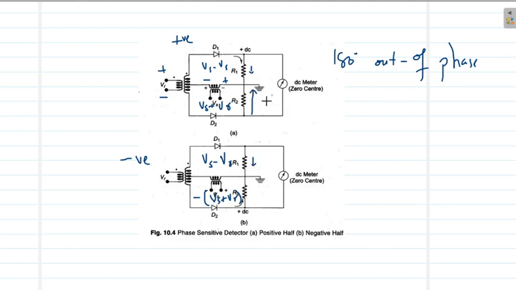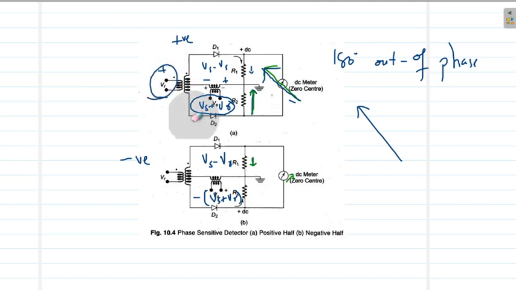So the galvanometer will show a large deflection towards the left side during the positive halves, and a small deflection towards the right side during the negative halves. So overall this galvanometer will show a left side indication because we have a large amount of left deflection due to this Vs plus Vr voltage during the positive half cycle of Vr.